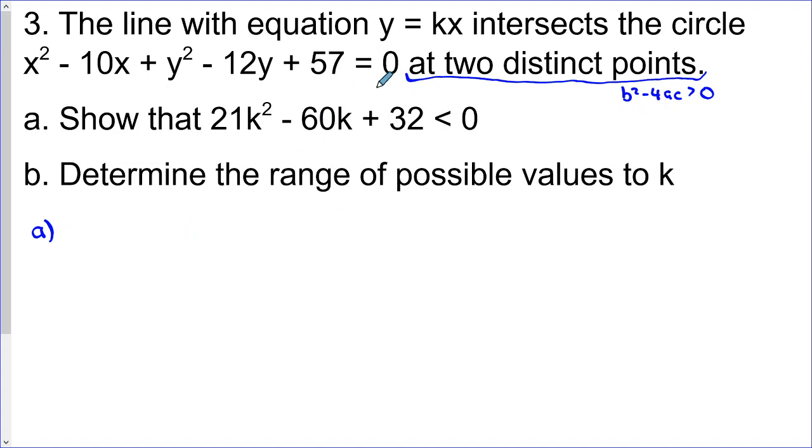We start, like all the previous ones, by trying to solve these simultaneously, substituting this one into this one, so that we have one single equation that represents the intersecting points of the circle and the line. So we have x squared minus 10x. Those parts don't change.